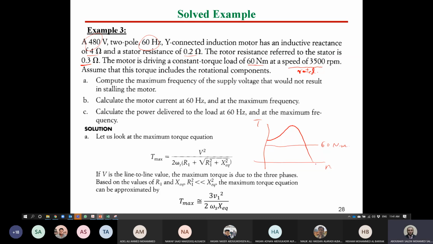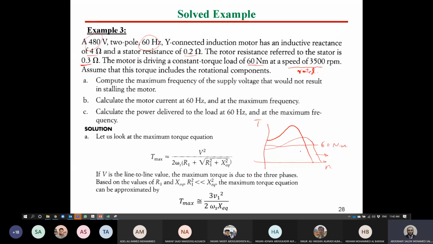Maximum frequency means we are going to increase the switching frequency. You know increasing the frequency is in this direction, because n is a function of frequency, and n increases in this direction, so frequency also will be increased in this direction. So if you increase the frequency, it may be like that, and so on.